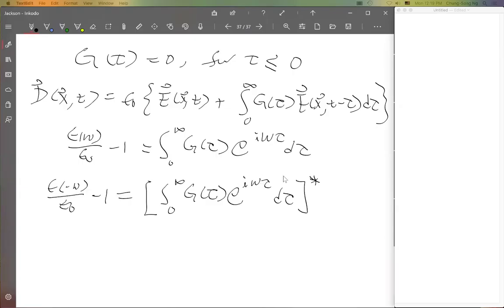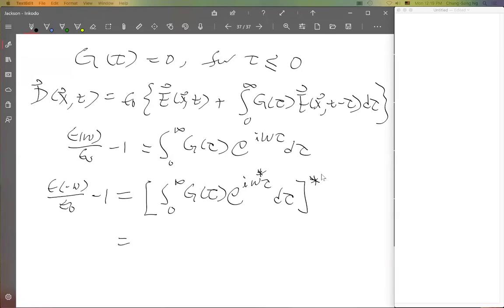So with minus omega, at first you get a minus sign in here, but then you take the complex conjugate, change i to minus i, so you get that. But then omega, we actually will extend to the complex plane, so we take the complex conjugate of omega also. Now this form is exactly as this form, so the whole thing inside the bracket is just this one evaluated at omega complex conjugate, and then you take another complex conjugate.